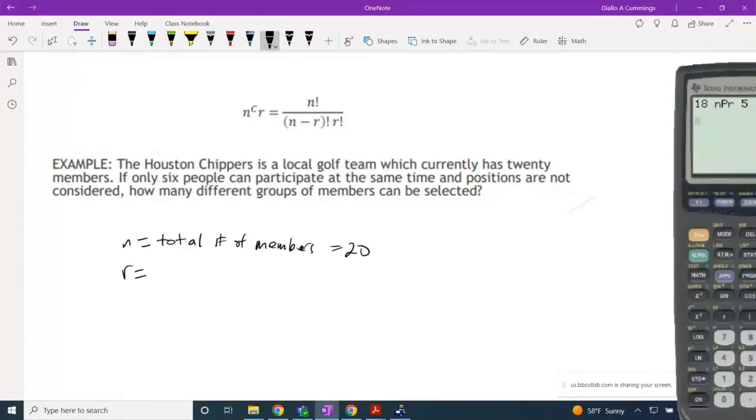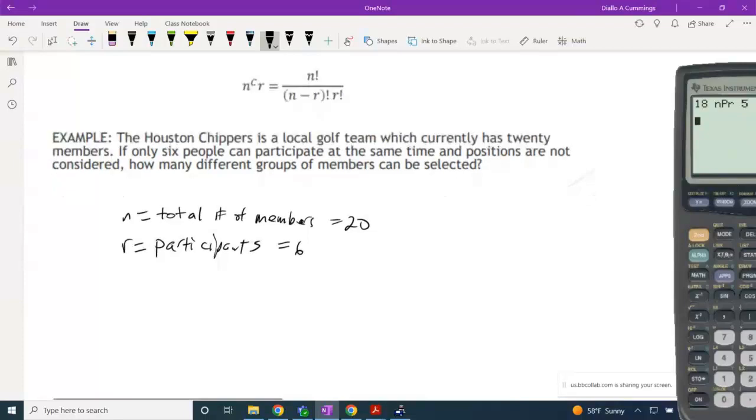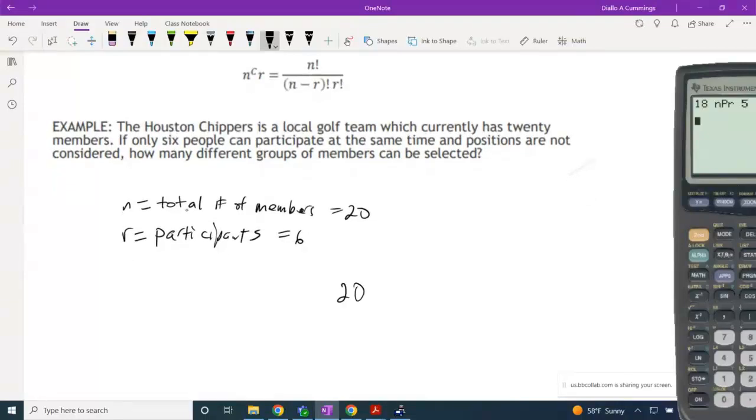And R is going to be the people that we choose to participate, which is 6, right? I'm going to just say participants, which is equal to 6. So I'm going to set this up as 20 choose 6.